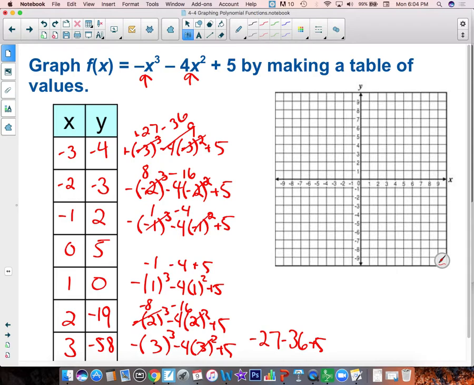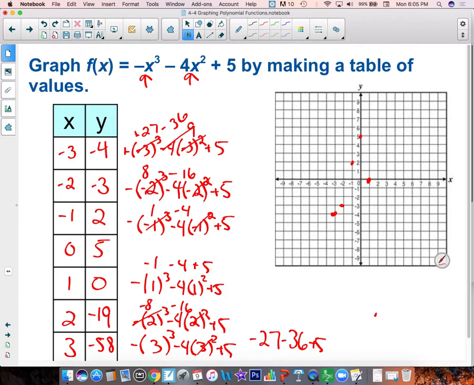So -3, -4. Smartboard's off a little bit. -2, -3. -1, 2. 0, 5. 1, 0. 2, -19. So we're all the way down here-ish.